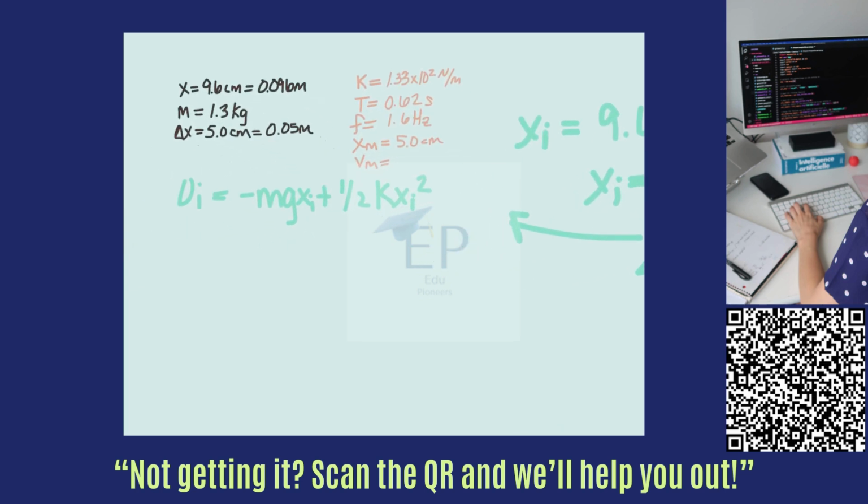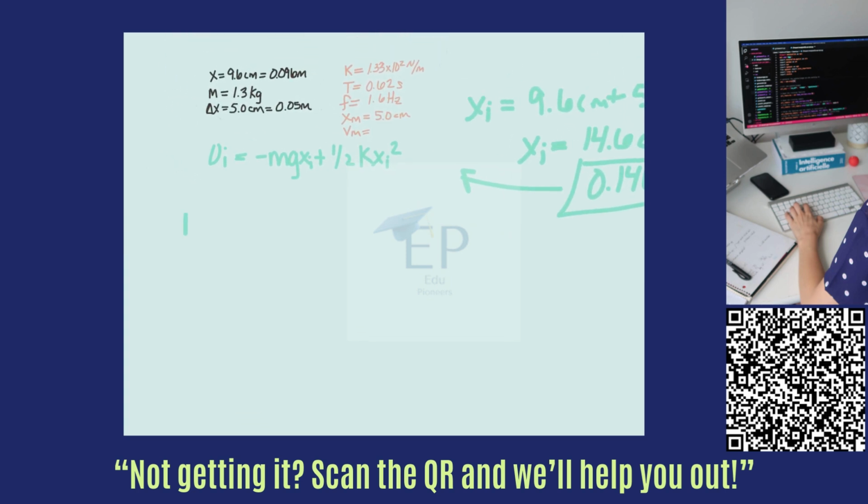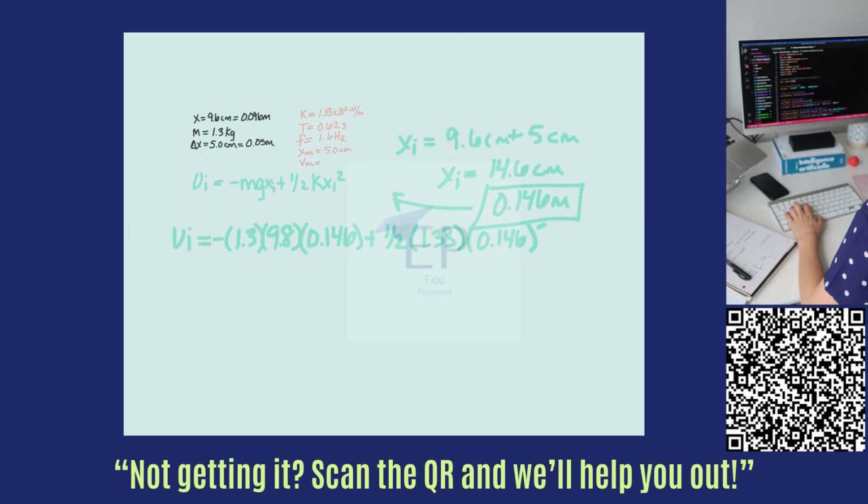So solving for U_i, we are going to have U_i equals negative 1.3 kilograms times 9.8 meters per second squared times 0.146 meters, plus 1 half times 1.33 newtons per meter times 0.146 meters squared.